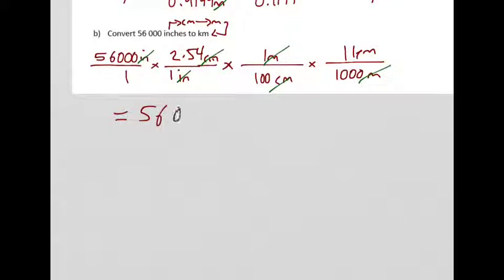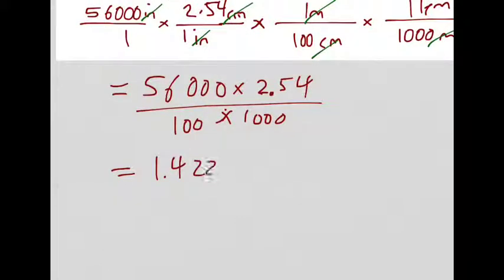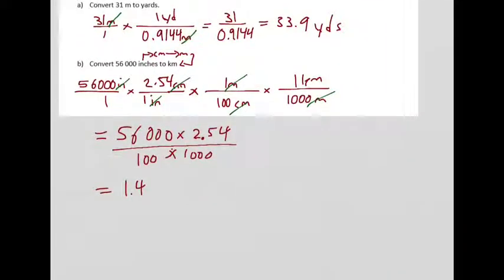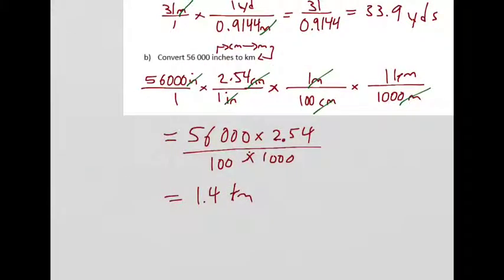So we got 56,000 times 2.54 times 1 times 1 all over 100 times 1,000. What does that give you? 1.4, approximately. So 1.4, what are my units? Kilometers. Does that make sense? About 56,000 inches is almost a kilometer and a half. It's a lot of inches, so yeah, seems reasonable.